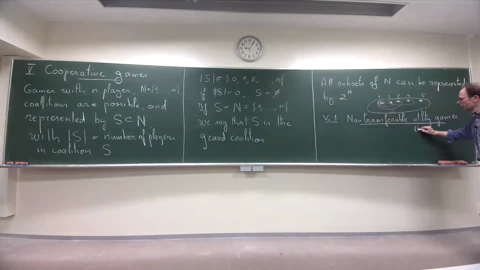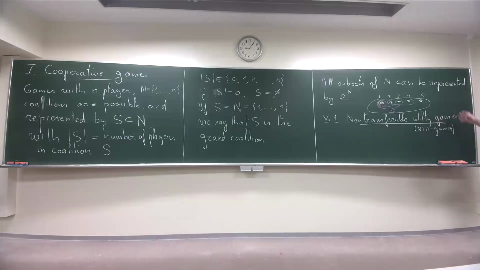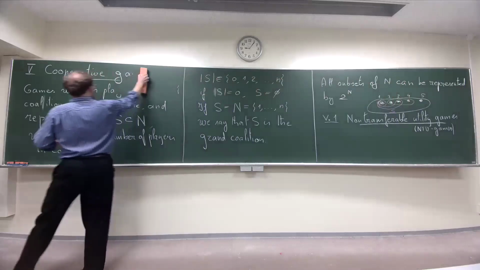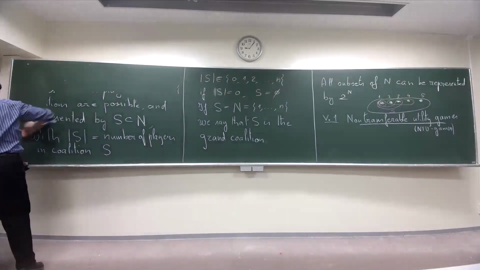They are usually just denoted by NTU games. Okay. And we will see, this is essentially the most general framework, but it means players can play together, but they cannot share the payoff. So each player is going to have a certain payoff, we will see, but they cannot share what they get. One player cannot give to another one.